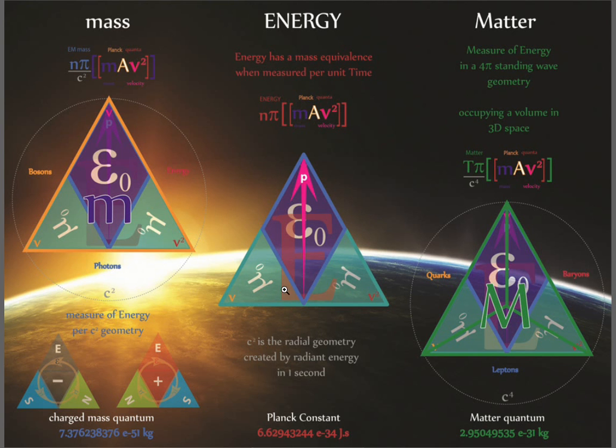Of course, in all cases, we can take the square root of the scalar field to give us the linear energy momenta of that field. Again, the angular momentum of the field is the equilateral geometry. And of course, matter is simply a standing wave geometry of mass energies.